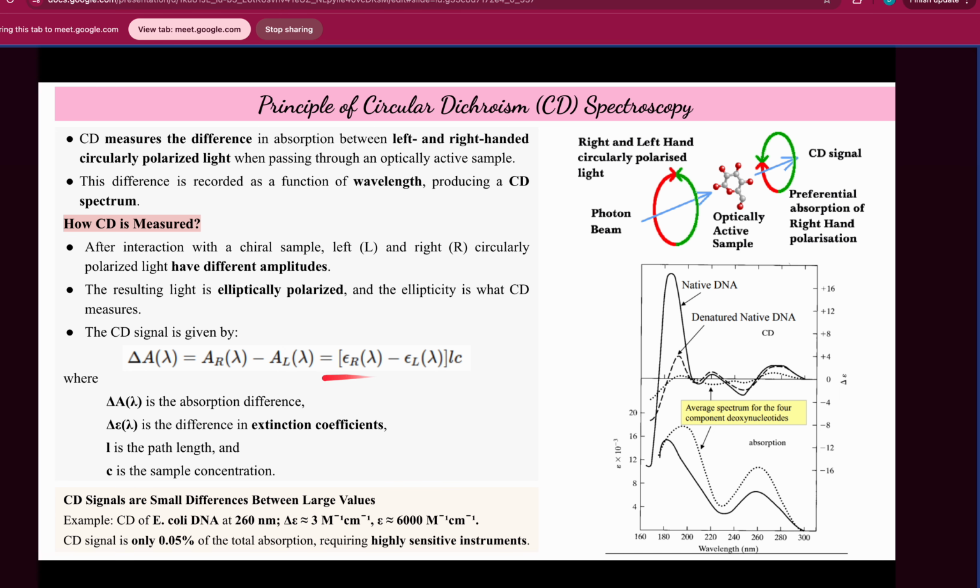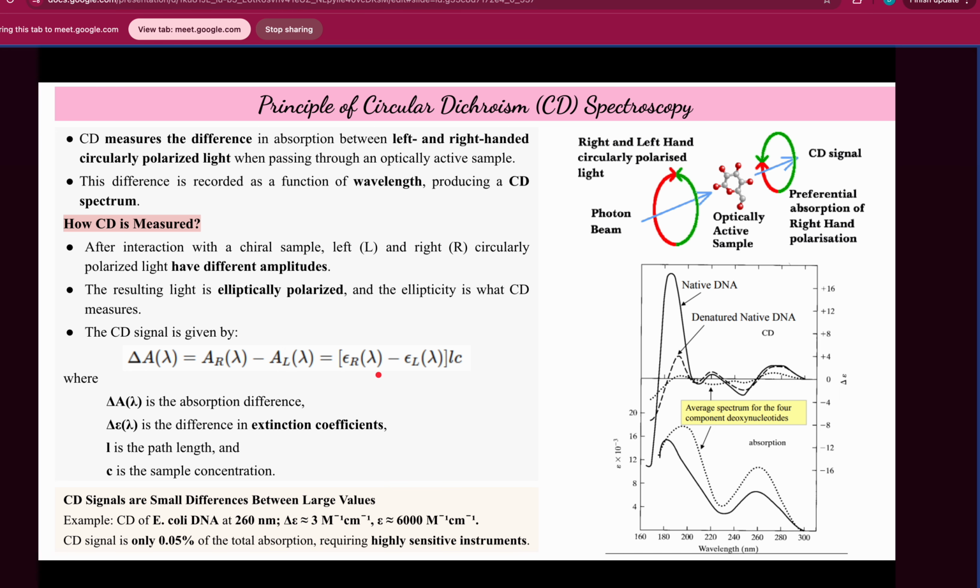According to the Beer-Lambert law, absorbance equals epsilon c l, where epsilon was the molar absorptivity. In this case, because we are finding the difference between the absorptivity of right- and left-handed circularly polarized light, this is referred to as delta epsilon(lambda), the difference in extinction coefficients. This epsilon, which was previously a small a, can be called the molar absorptivity or extinction coefficient.